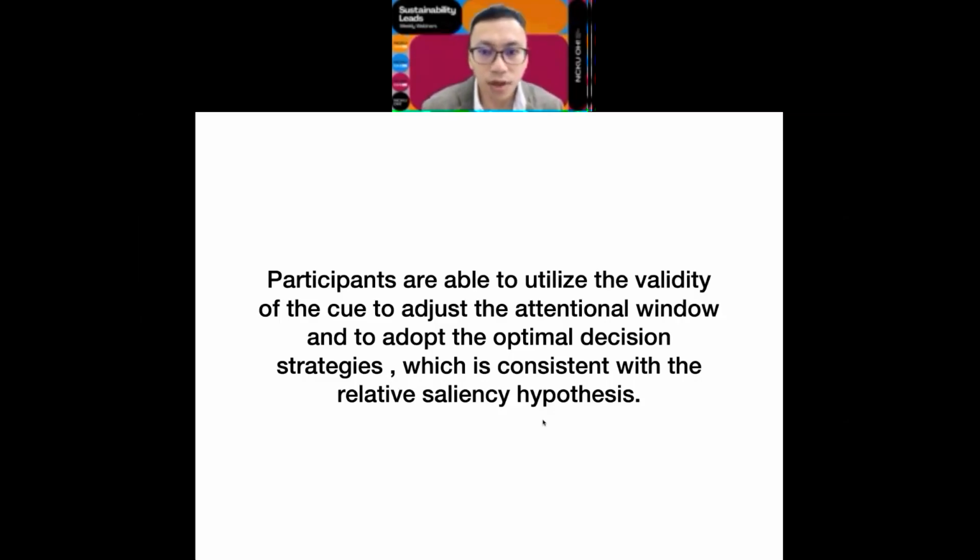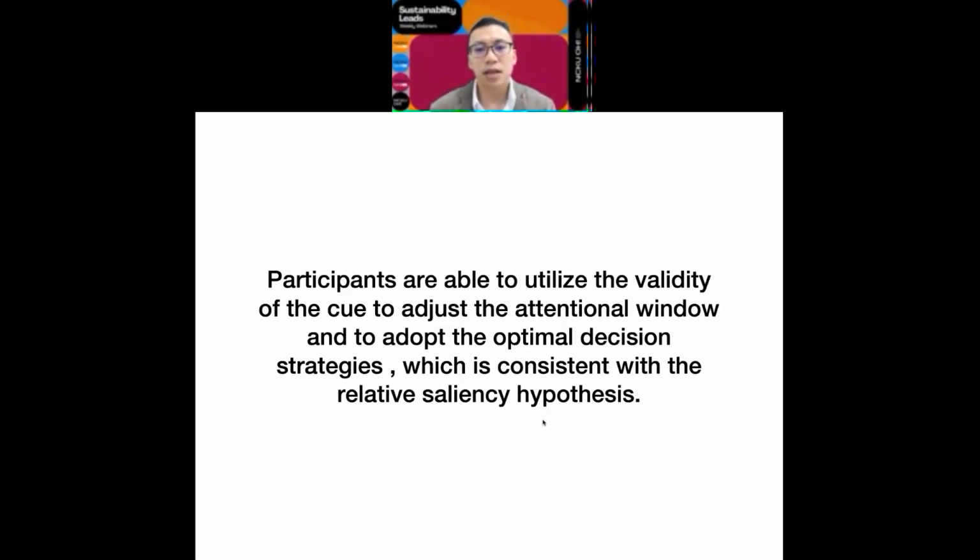If the cue is uninformative, which means the cue does not provide you any information about the target location, then participants will widen their attention to encompass both target locations, and then they can process the double dots information simultaneously and in parallel.